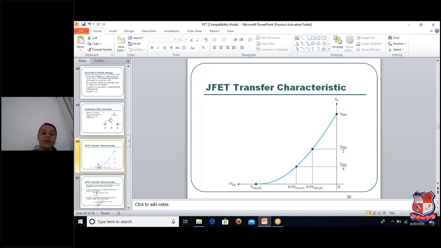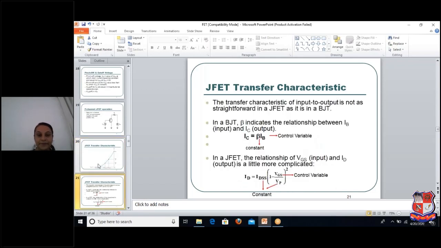You can draw one curve and put the first point at IDSS divided by 2. Suppose your IDSS is 4 milliampere, so one point becomes 2 milliampere, and 4 divided by 4 is 1 milliampere. From that point you can draw the slope and find out the VGS off. So this is your JFET transfer characteristics.